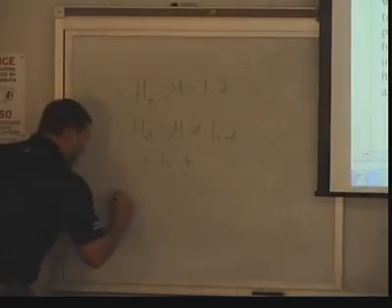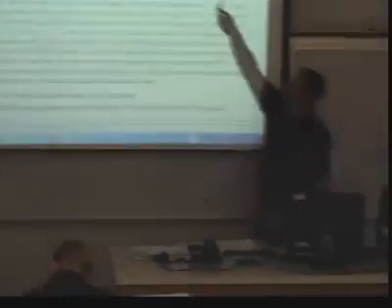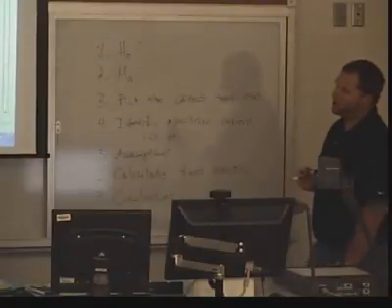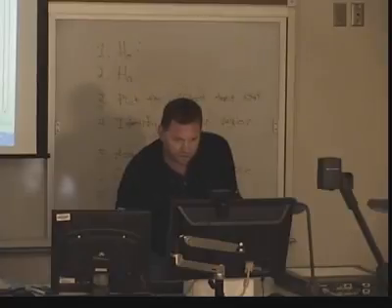My marker's running out of juice here, sorry. Number 4 is identify the rejection region. Which we can do now because we were given alpha. Is this a 1 or a 2-tailed test? 2. So which one of these values are we going to use?